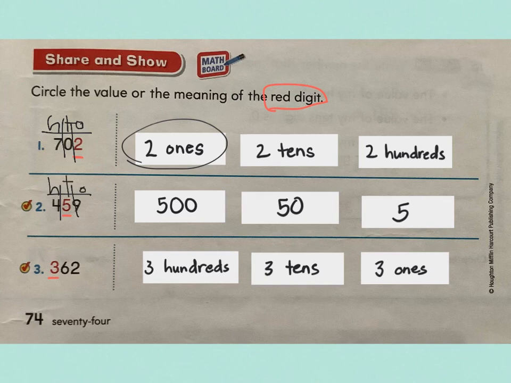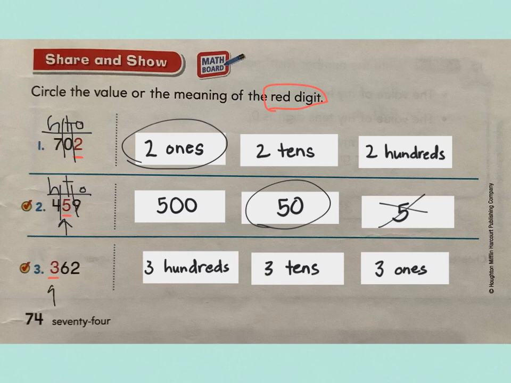Okay, number 2, 459. What's the value of that 5? Even though it's written as 5, it's not worth 5. It's in the tens place, which means it's 5 tens or 50. And lastly, number 3, 362.